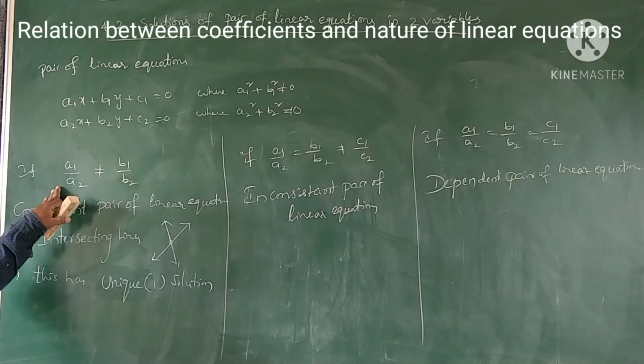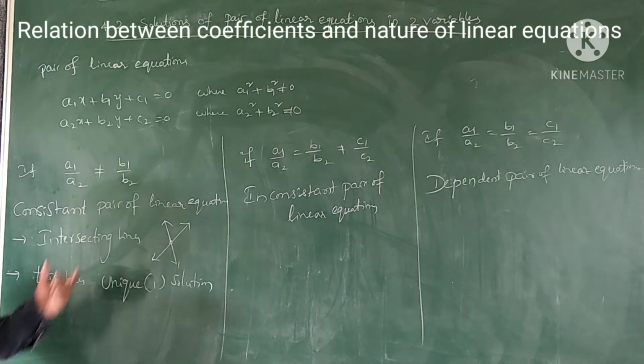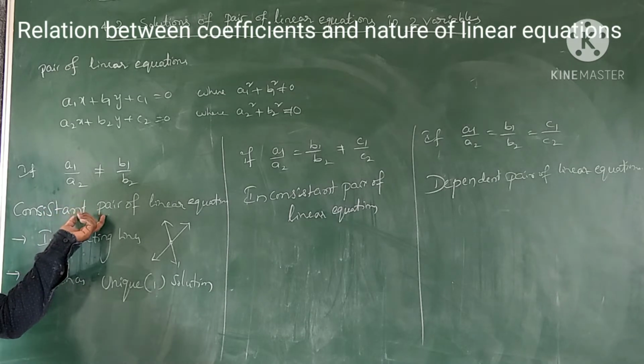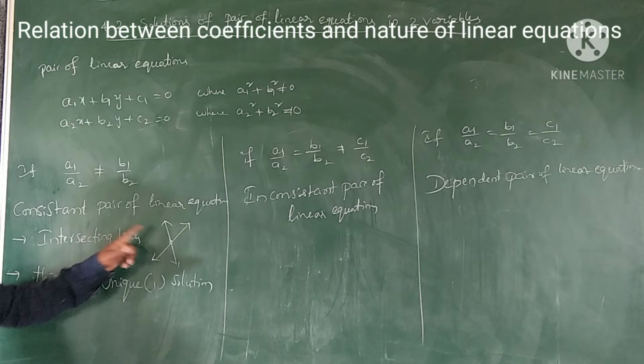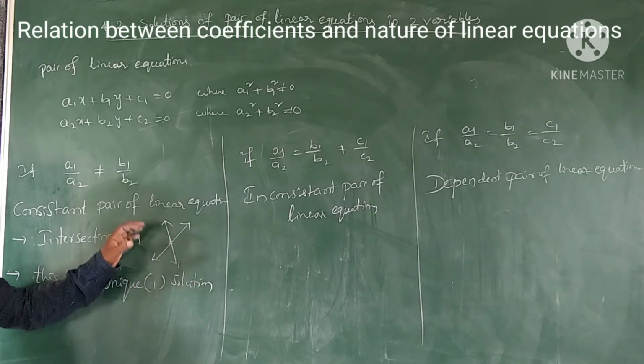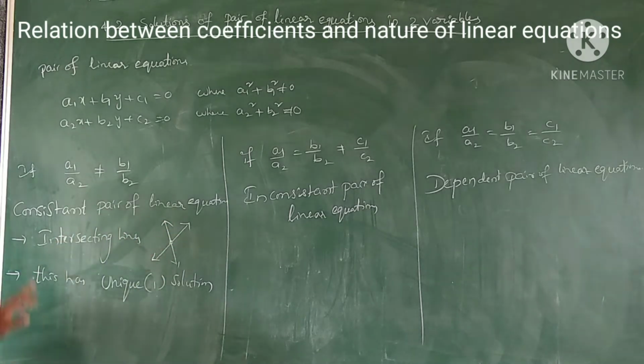If a1 by a2 is not equal to b1 by b2, we say these are a consistent pair of linear equations. They represent intersecting lines, and this pair has a unique solution.